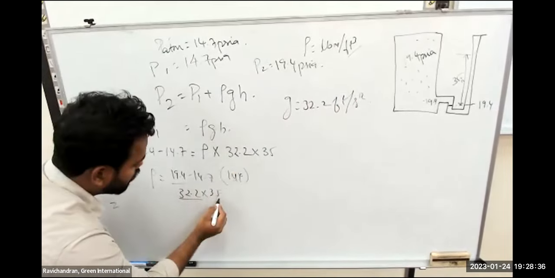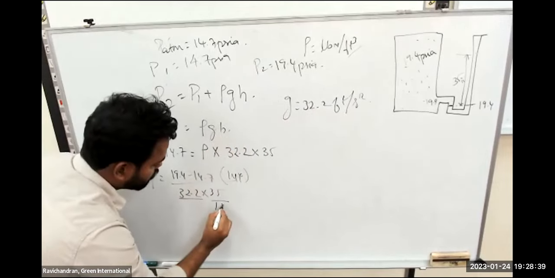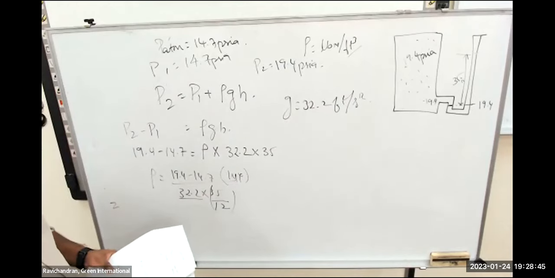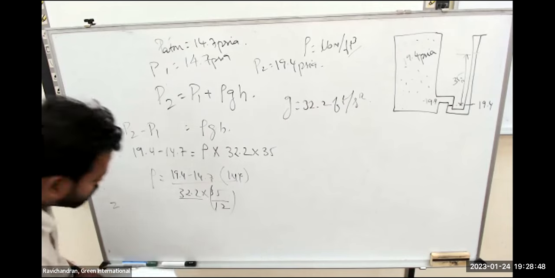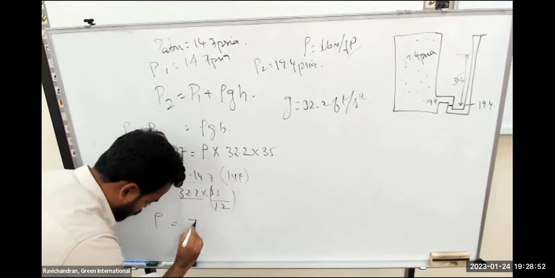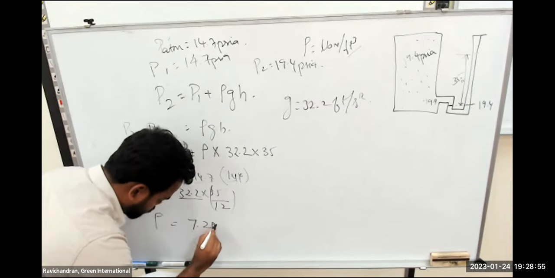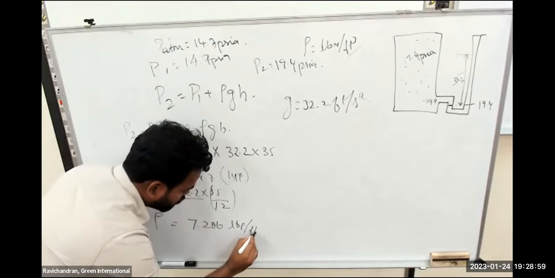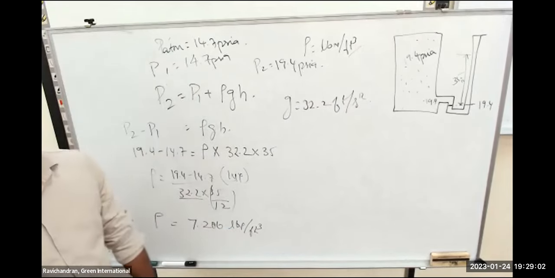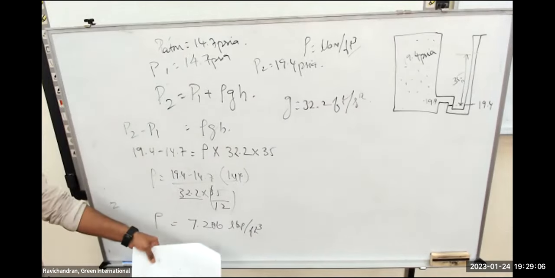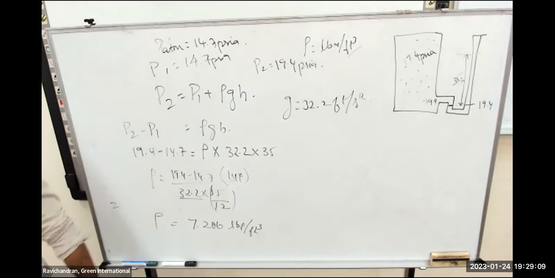So that is feet, and 35 is inches. So you will get density equal to 7.206 lbf per cubic feet. So be careful with lbf and lbm.